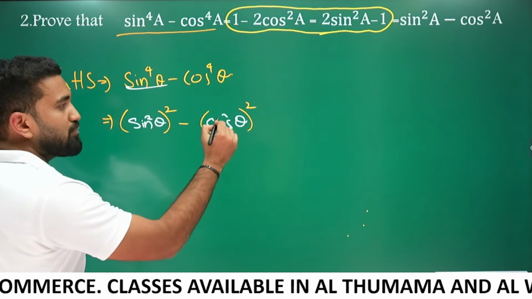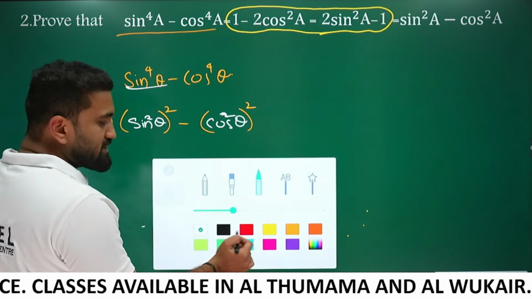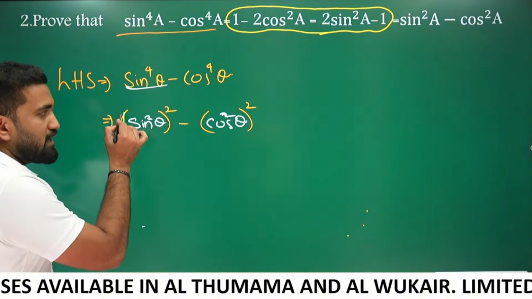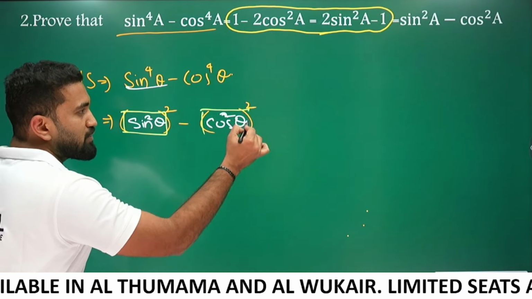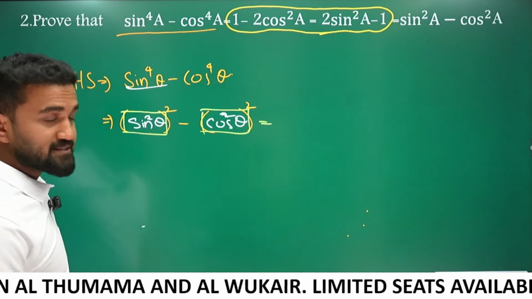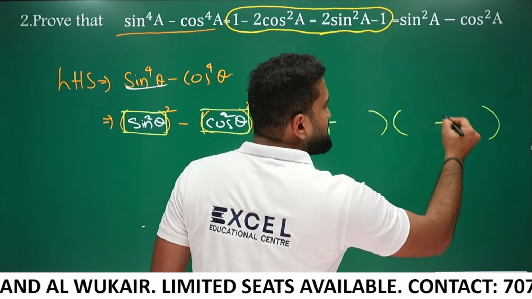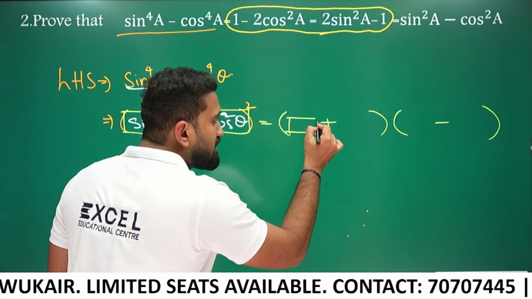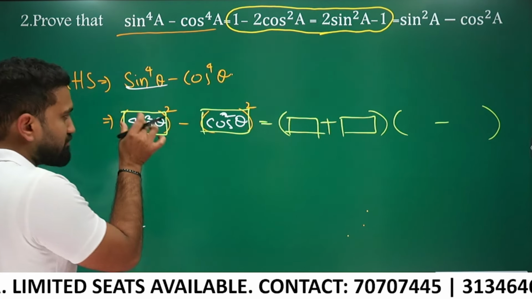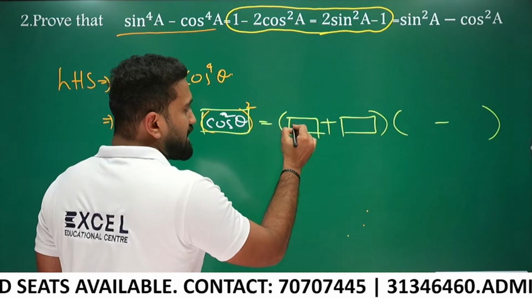Now what happened? You observe that this is of the kind a square minus b square. What is a square minus b square, guys? This will become a plus b into a minus b, right? Now what is the value of a? It is very important to understand. Inside the box, who is that?